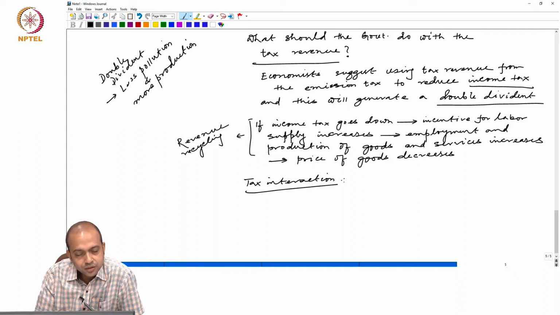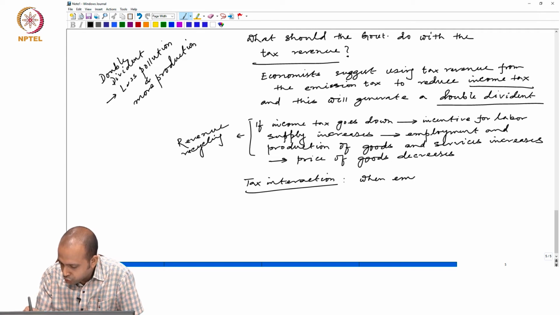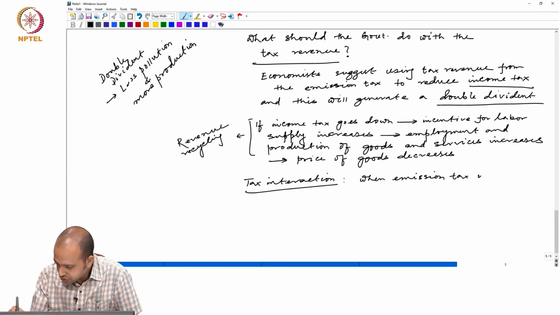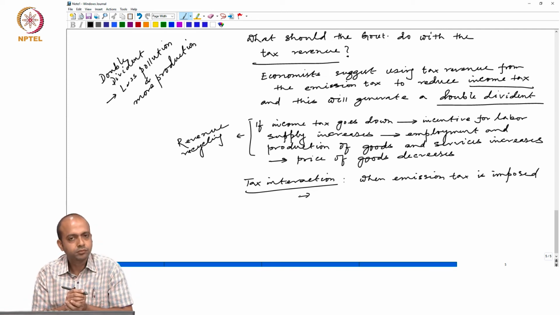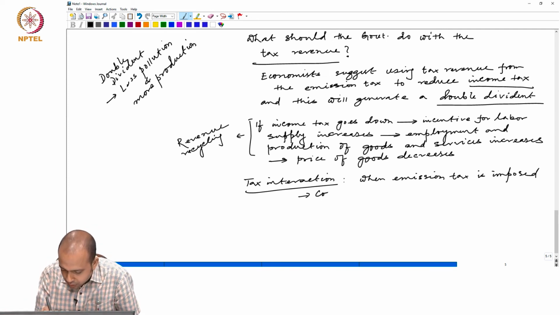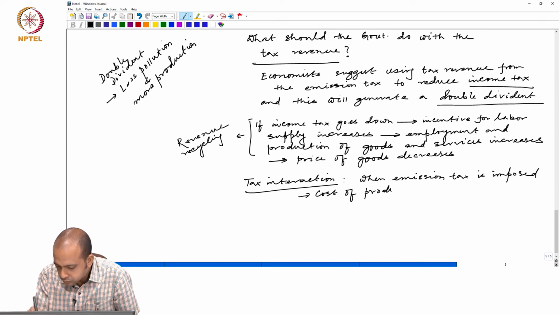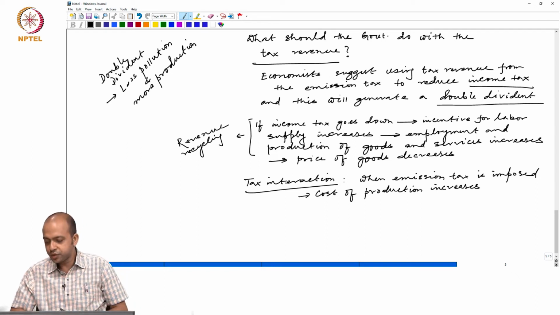What is this tax interaction? When emission tax is imposed, what will happen? That will lead to increased production cost. Cost of production increases, which is very simple.